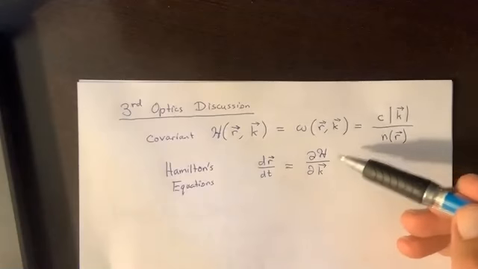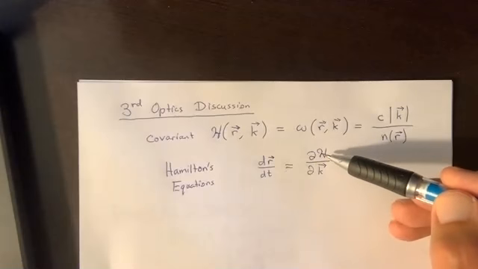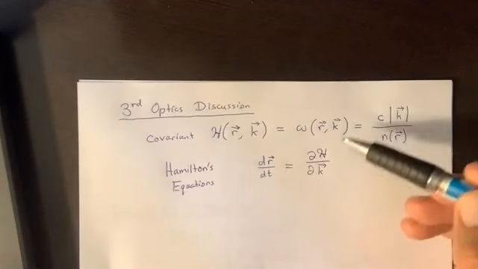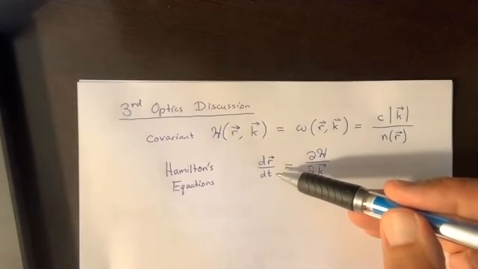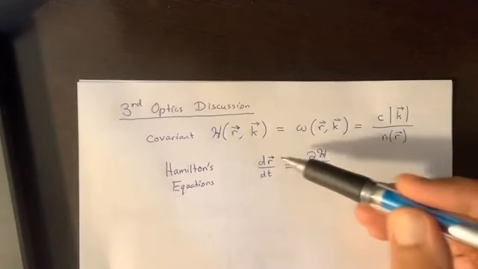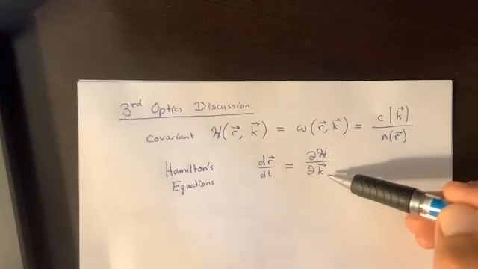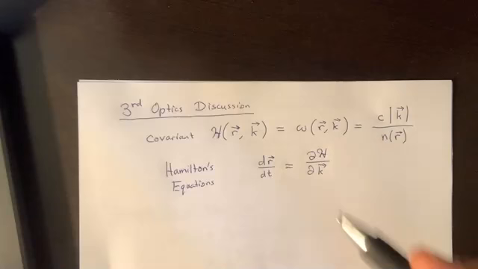There are three equations here. The first one is dx dt as the partial of the Hamiltonian with respect to kx. The next one is dy dt equaling the partial of the Hamiltonian with respect to ky, and dz dt equaling the partial of the Hamiltonian with respect to kz. So these are certainly three of the Hamilton equations.